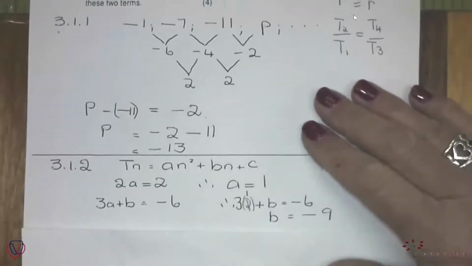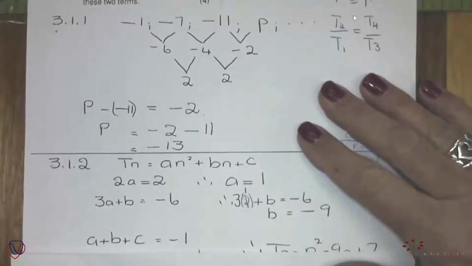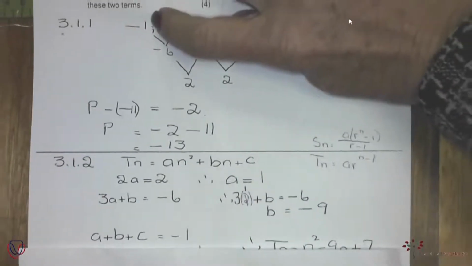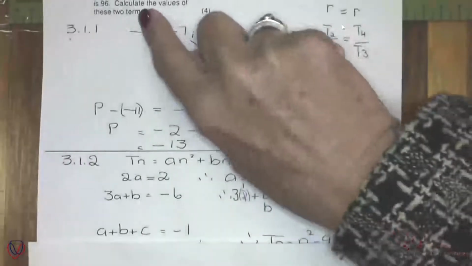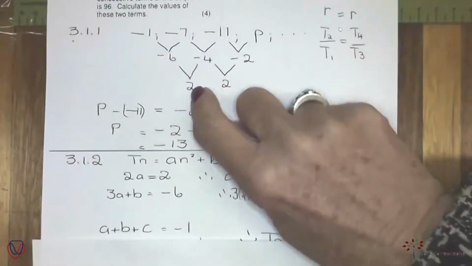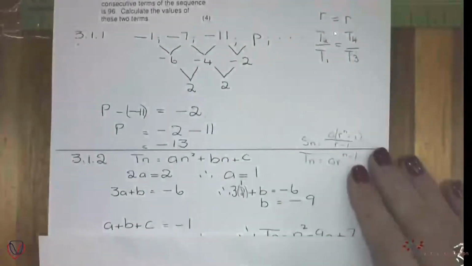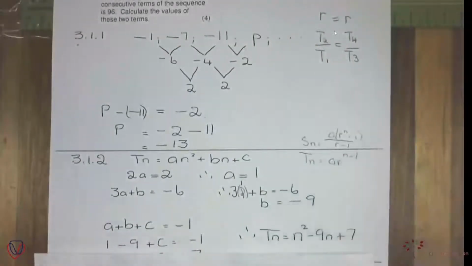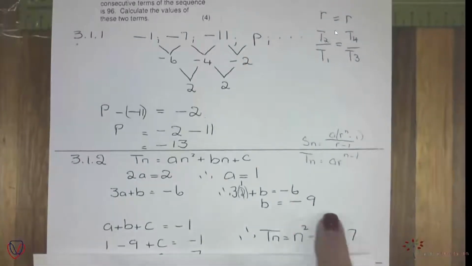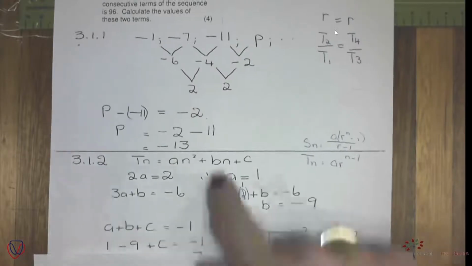Right, people, now you've got B. How do I determine C? A plus B plus C is equal to term 1. So you work upwards like that. To find A, you use that. To find B, you use that. To find C, you use that one. A is 1, B is -9, and C you don't have, but that's equal to -1.